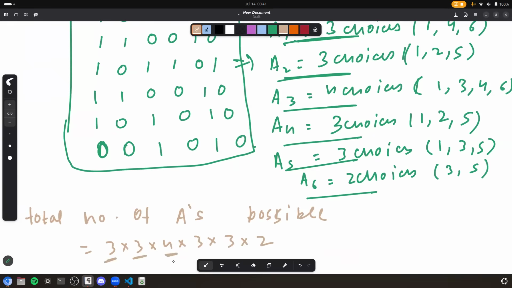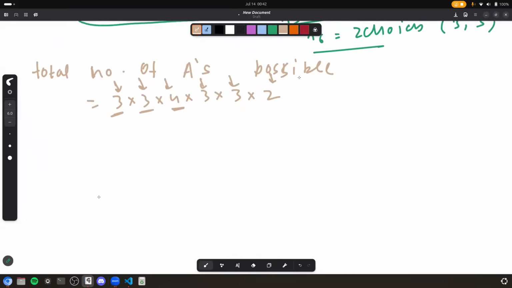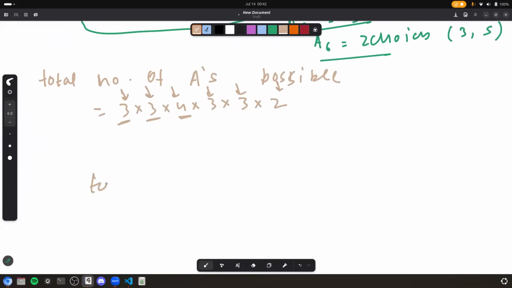Third element also has four different choices. So I can pick any one of these choices and I can just multiply. So these would be the total number of A's. So generalizing it for any matrix, total is equal to the multiplication of the number of ones in each row.